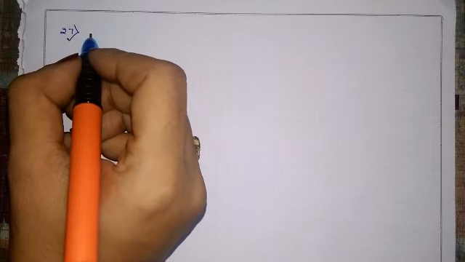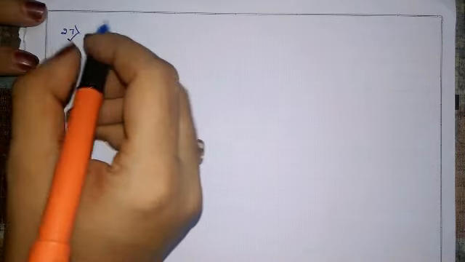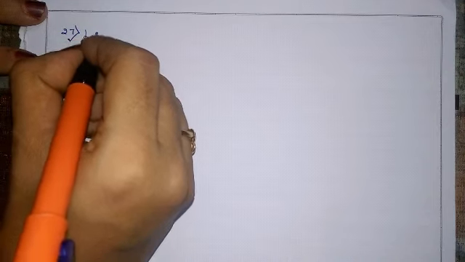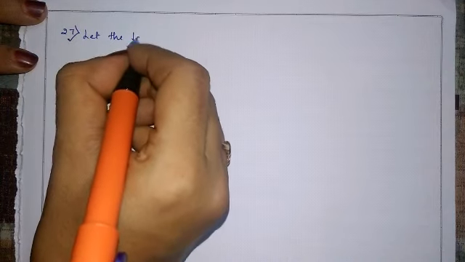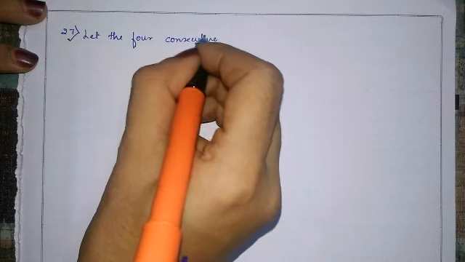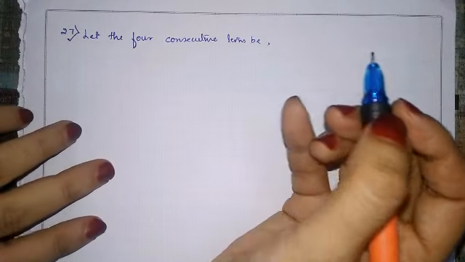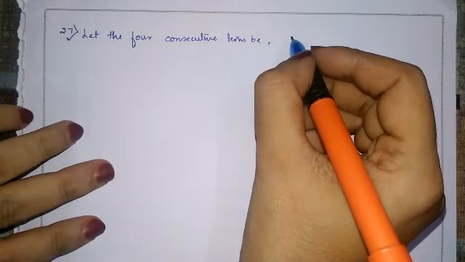How we have written in the previous problem, let the 3 terms be A minus D, A, A plus D. Same way we have to write, let the 4 consecutive terms be, we have to be careful in writing here.